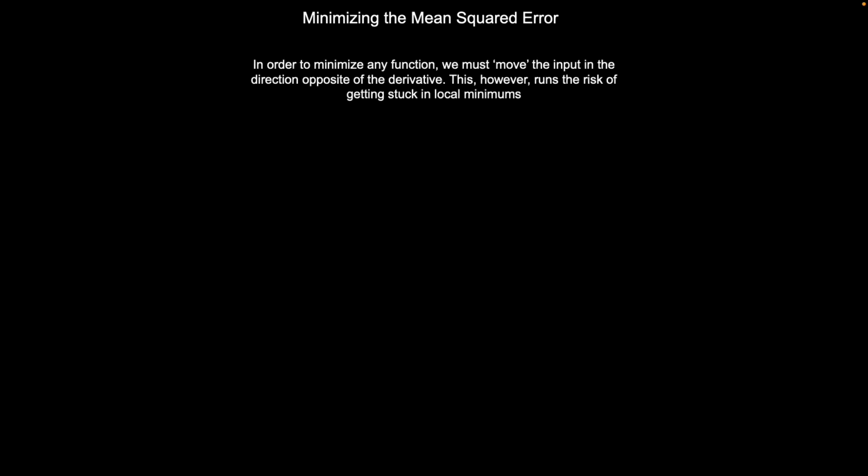So, to minimize the mean squared error, we have to think about what it means to minimize a function. To minimize a function, we have to move the input in the direction opposite of the derivative. This runs the risk of getting stuck in local minimums, but we can mitigate this through different learning rate optimization tools.